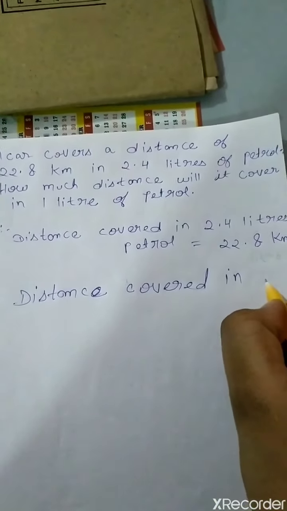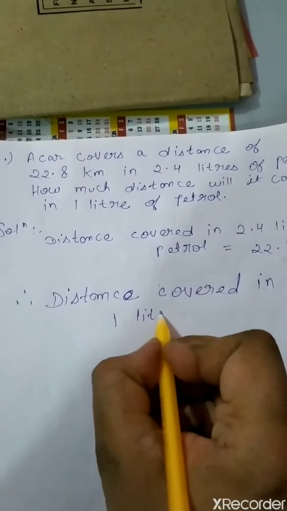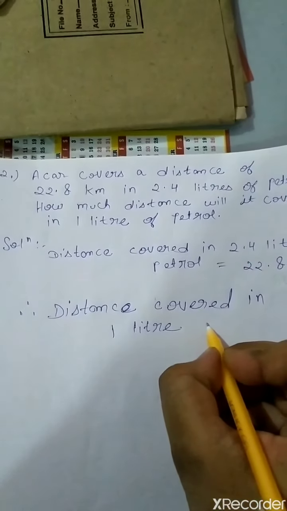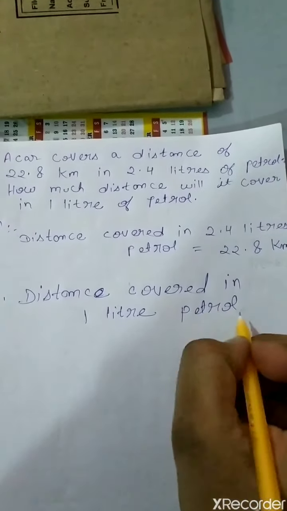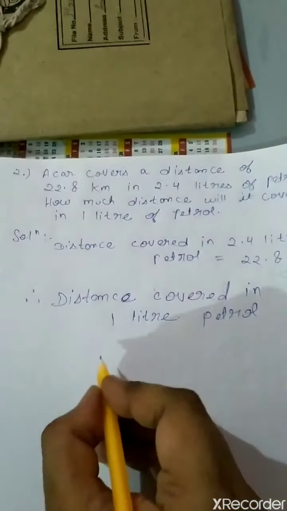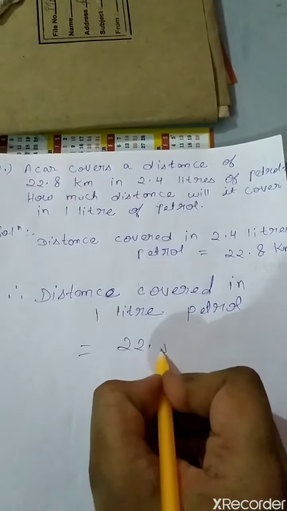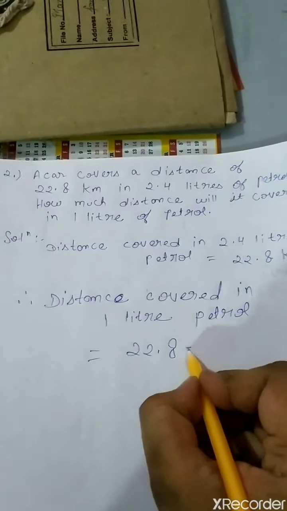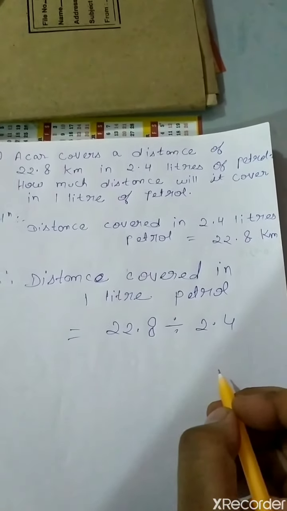Therefore, distance covered in 1 liter of petrol equals 22.8 divided by 2.4 by the unitary method.